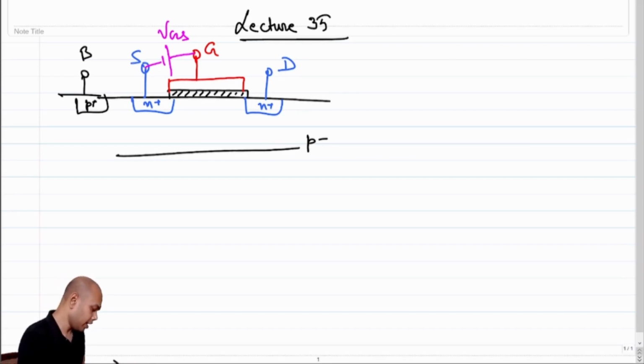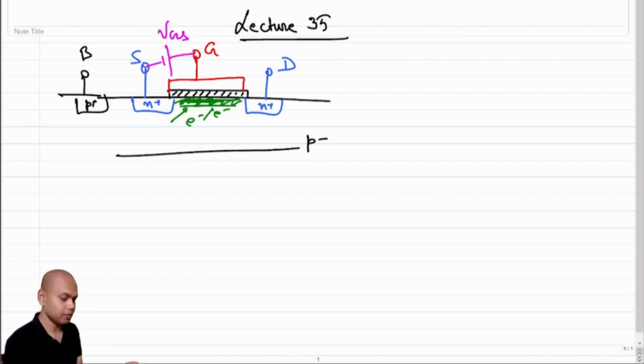It essentially creates a sea of electrons here. So this is a sea of electrons. That is something that we call a channel, right? Provided, obviously, the way I have drawn it, it is assumed that VDS is almost equal to 0.